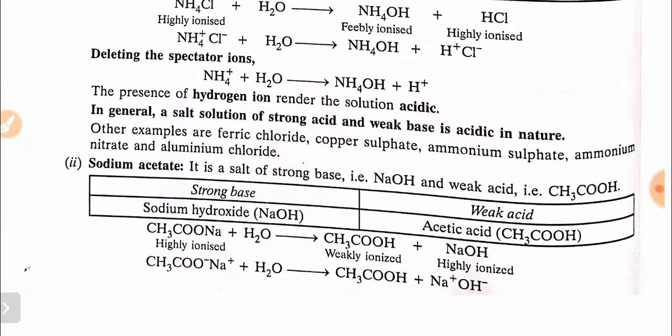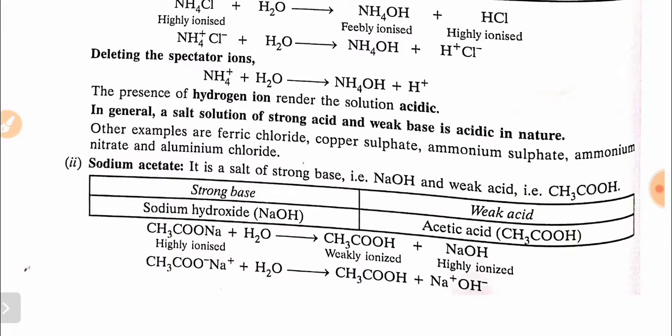Next example is sodium acetate. Understand it carefully. It is a salt of a strong base, NaOH, and a weak acid, CH3COOH. When dissolved in water, it dissociates into its parents, CH3COOH and NaOH.